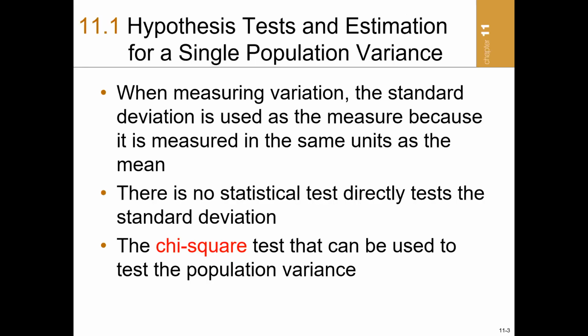Now, remember, earlier in this series of videos, I taught on variation. And I said that every measure of central tendency must be accompanied by a measure of variation, okay? So if you remember, I taught on the measures of variation, and I said that when you do the mean deviation, you always get 0.